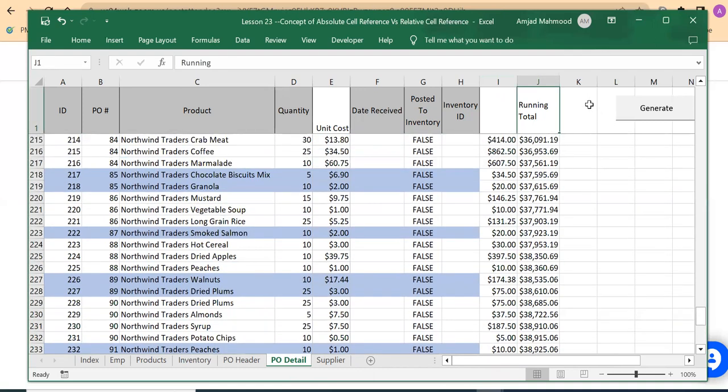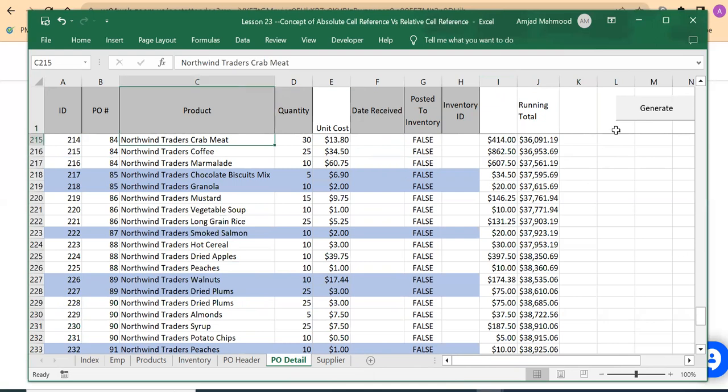Now we want, for a given product, to know how much we have done. So this is a SUMIF formula.